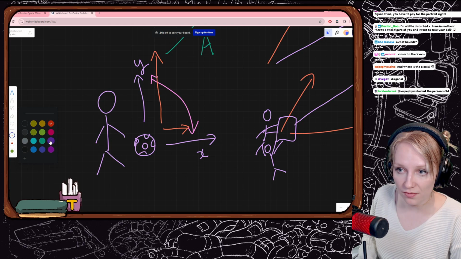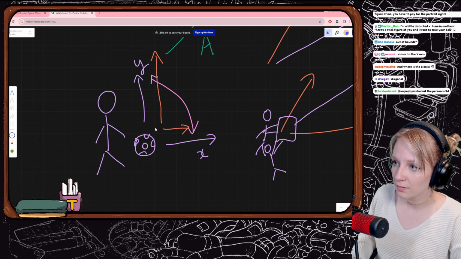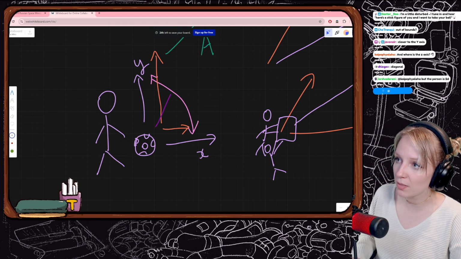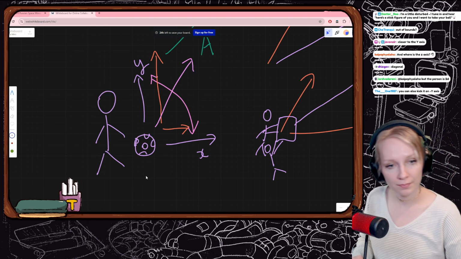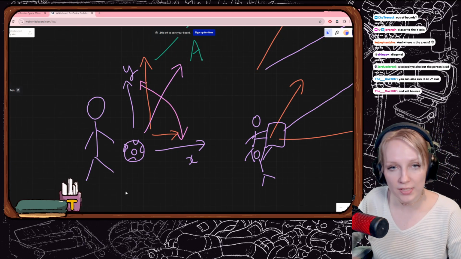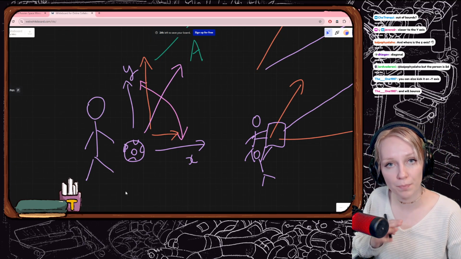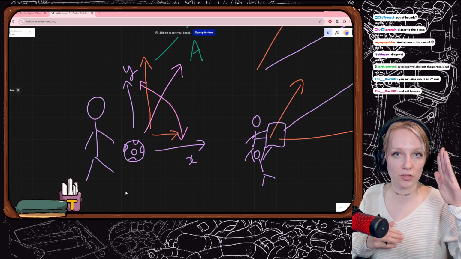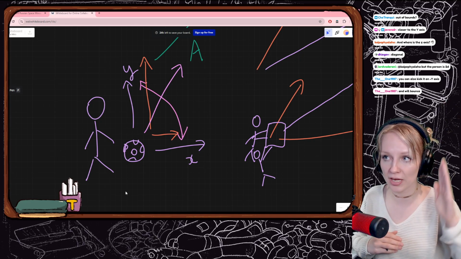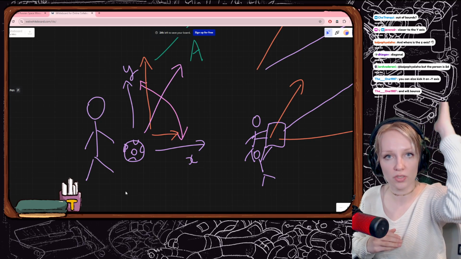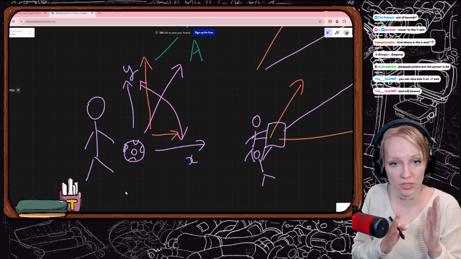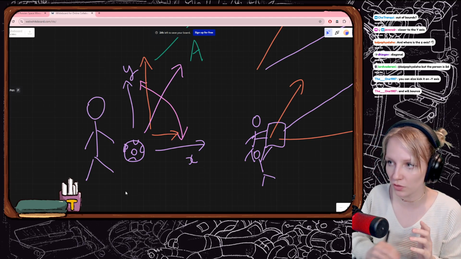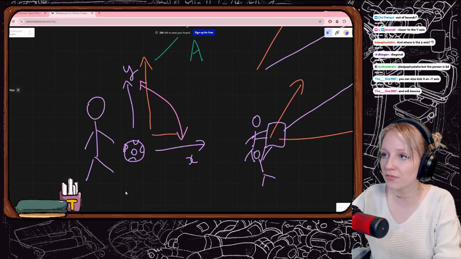Your resultant vector, if you combine the X and Y, would be something like this. Okay? So this is how you would kick the ball if you're trying to buy some time for your players and you wanted to make sure that there was a good angle to it and it was high in the air for a very long time. So in this way, your Y vector is really, really high, while your X vector is very, very small in magnitude.